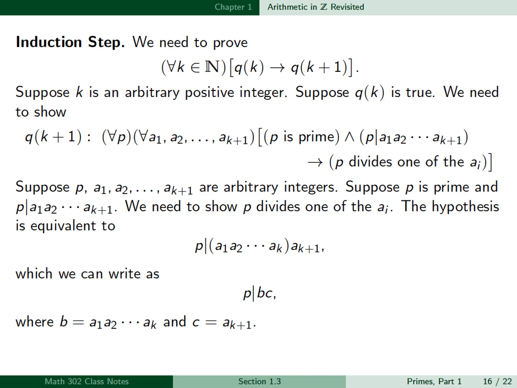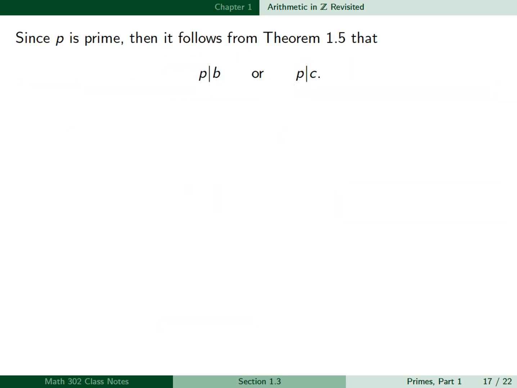Now the reason for writing it like this is that our hypothesis looks like p divides BC, which is what appears in the statement of Theorem 1.5. So since p is prime, then it follows from Theorem 1.5 that p divides B or p divides C. Therefore, p divides a1, a2, down to a sub k, just replacing B with what it equals, or p divides a sub k+1.